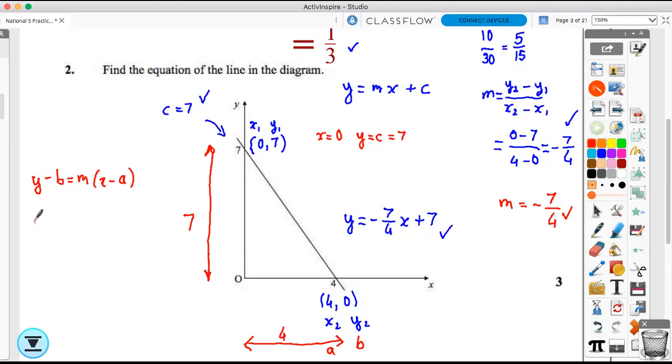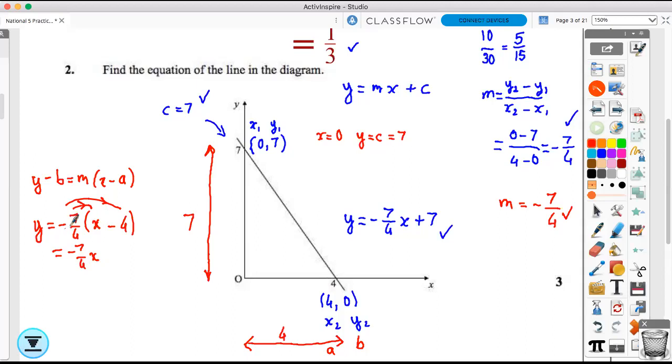So that means you've got y equals negative 7 over 4 times x minus 4. But then you now need to deal with negatives. You need to expand it. So negative 7 over 4 x.